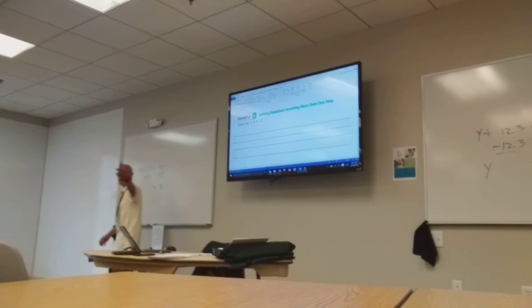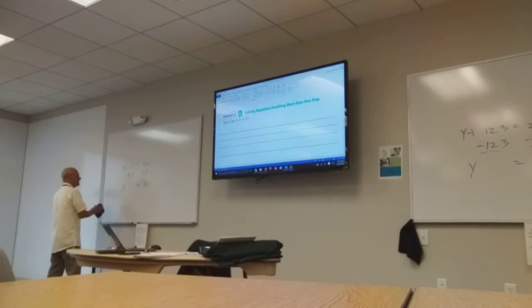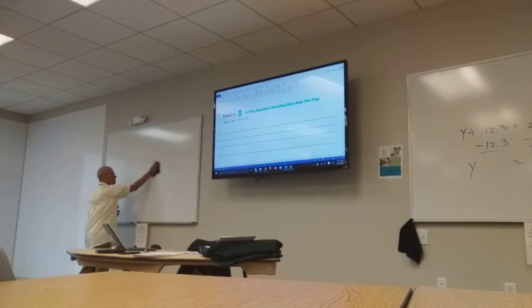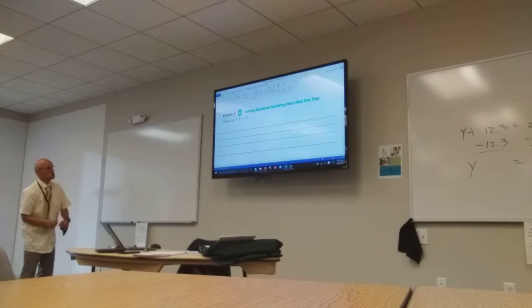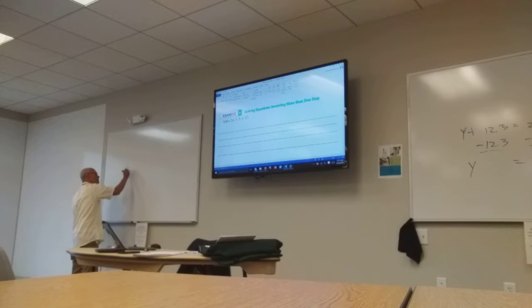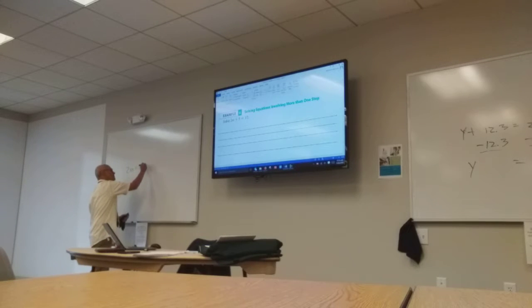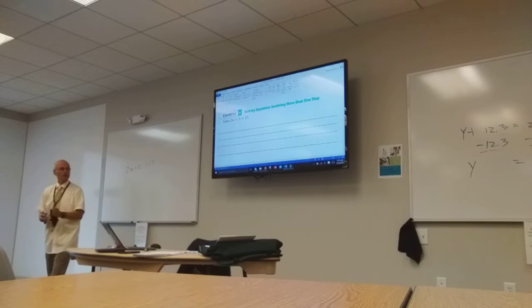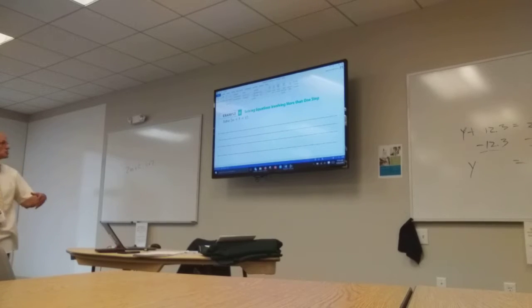That's pretty much as far, there might be some time when I use more space and keep going all the way around. But 2L plus 5 equals 17. There's a huge hint in the words. Solve equations involving more than one step. More than one step. Okay.